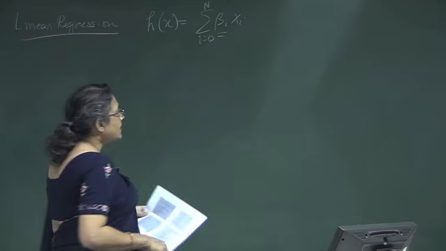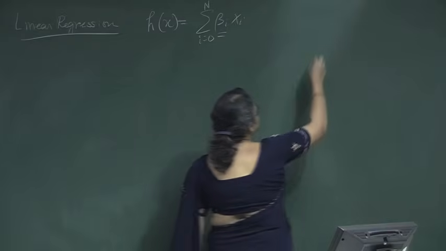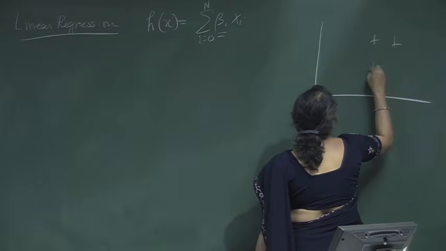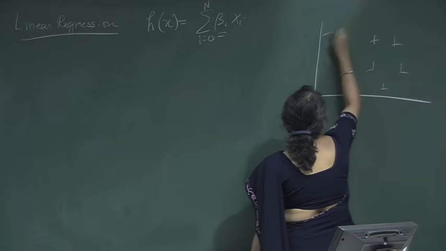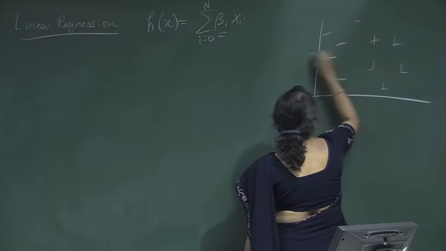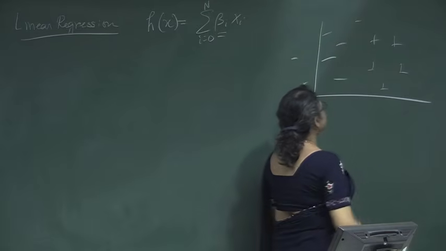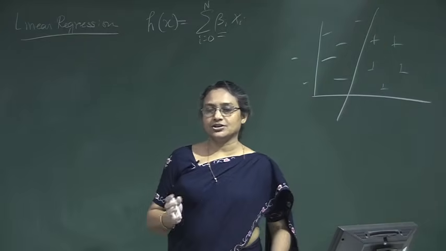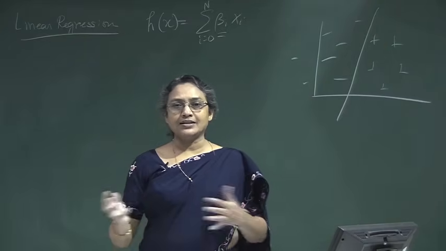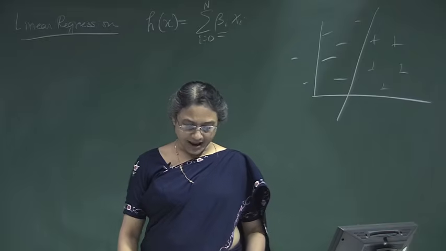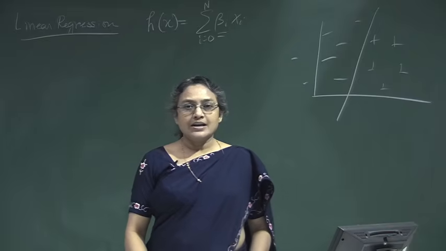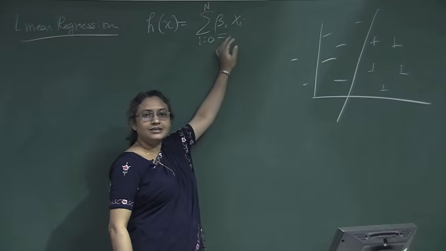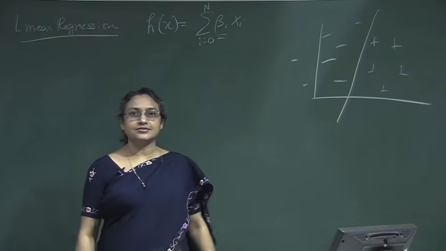Now, suppose we have a classification problem, that is, we have different training points that are positive and negative, and we want to classify them. We want to say when they are positive and when they are negative. This function gives a real value, which is not appropriate for classification.